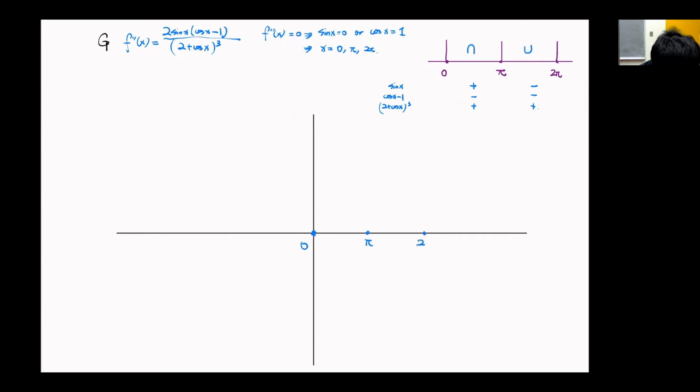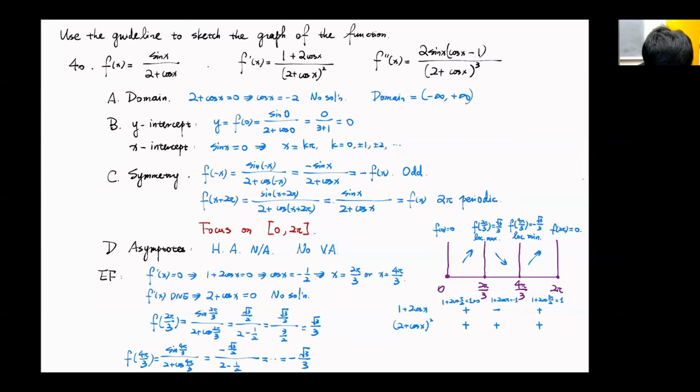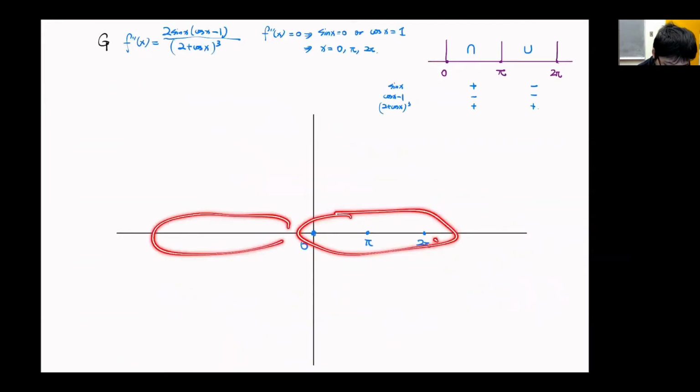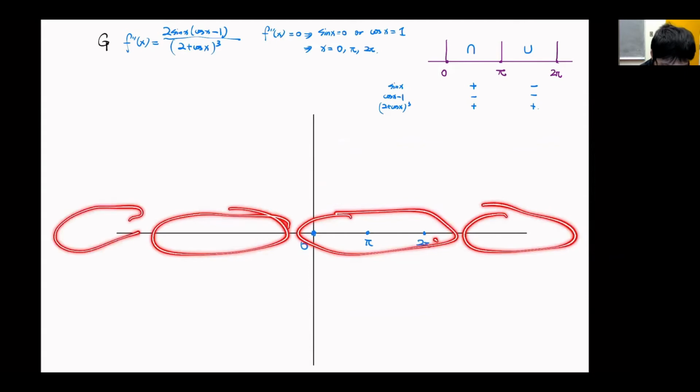These are the points where the function crosses the x-axis. Moreover, let's mark the other important points. We don't have horizontal asymptotes, we don't have vertical asymptotes, and we have got 2 pi periodicity. This is why I'm leaving a space over here, because I need to shift this part of the graph to the left and to the right.